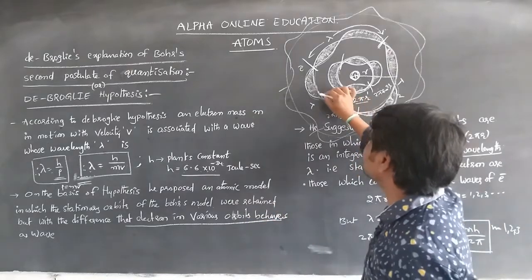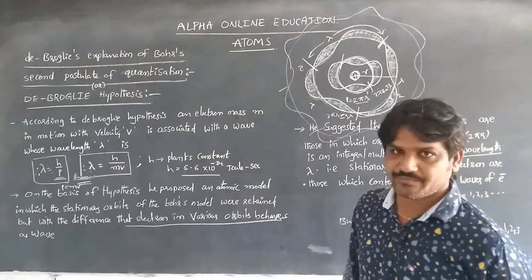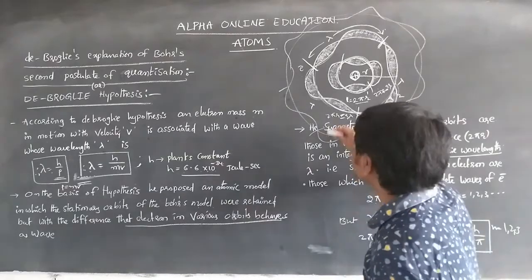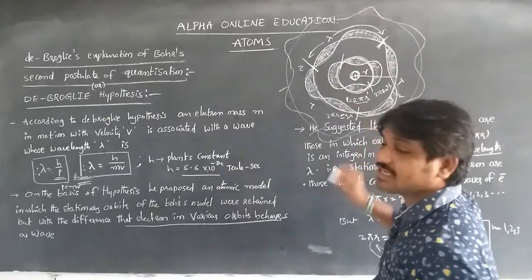Whenever the electron is revolving, it must be a particle wave, that is a stationary wave. It has wavelength lambda, an integral multiple of lambda.